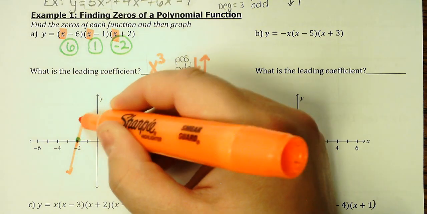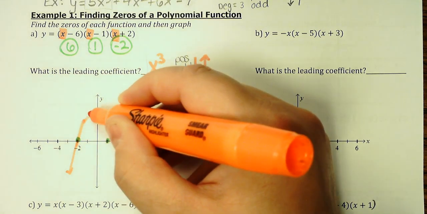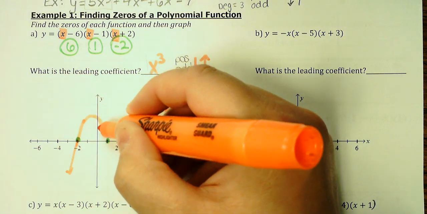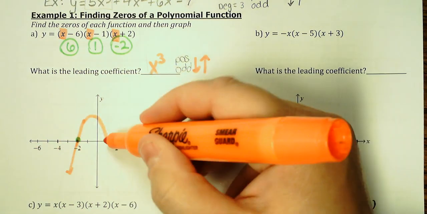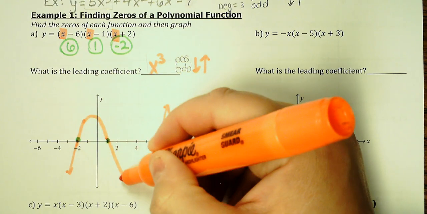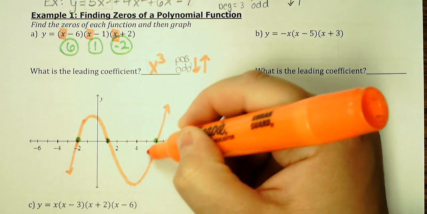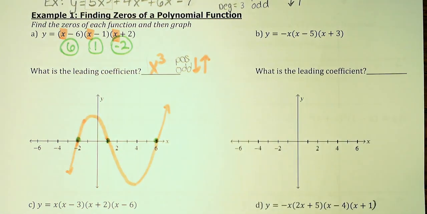And this is just a sketch. Now, I know I have to come back down because I have to go through 1. And then you just go ahead and go through the x-axis. And then you know you have to come back up because you have to go through the 6. Just a sketch, but the graph would look something like this. I'm looking for the correct end behavior, and does the graph go through the correct points?